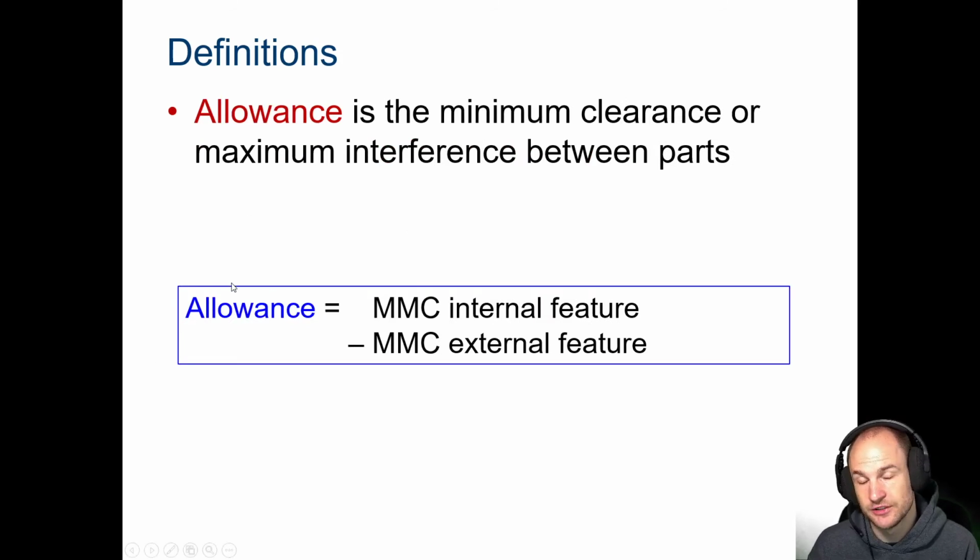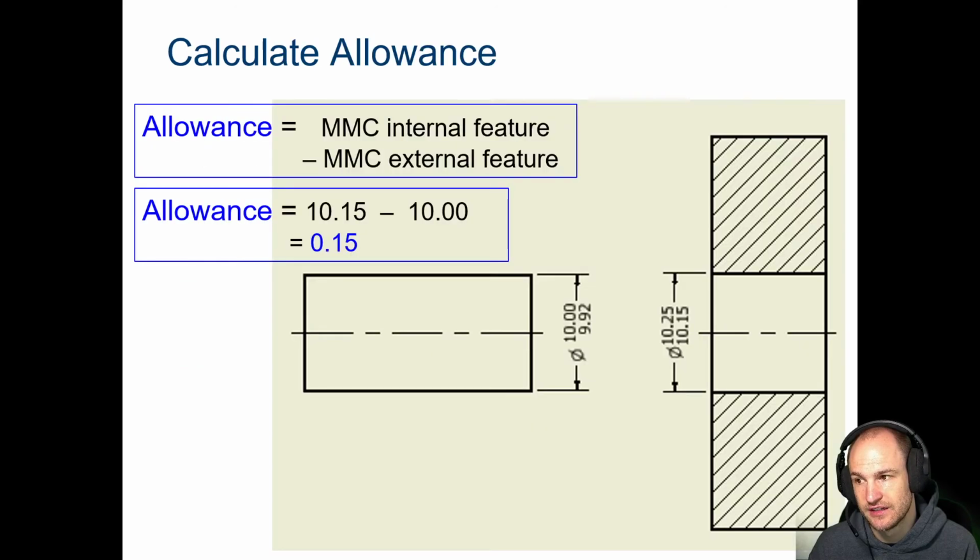So an allowance is not the tolerance. This is the maximum material condition of the internal feature minus the maximum material condition of the external feature. This is the allowance. And if we have a positive allowance, that means that we have a clearance fit.